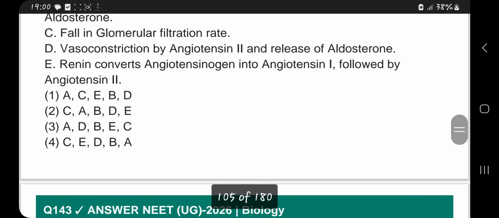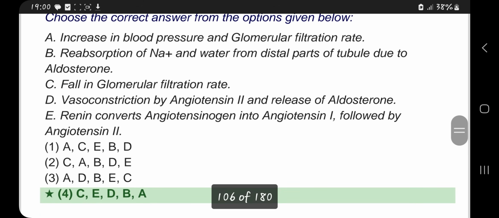So the correct sequence is going to be CEDBA. Fall in glomerular filtration rate leads to renin converting angiotensinogen into angiotensin 1 followed by angiotensin 2. Vasoconstriction by angiotensin 2 and it releases aldosterone. So CED.